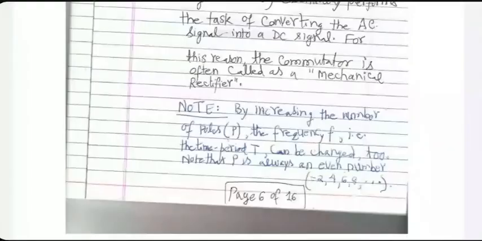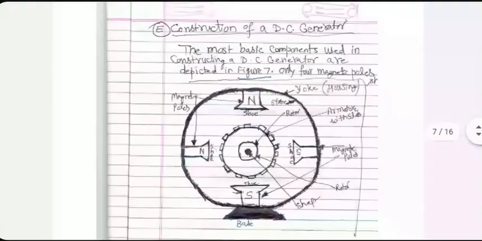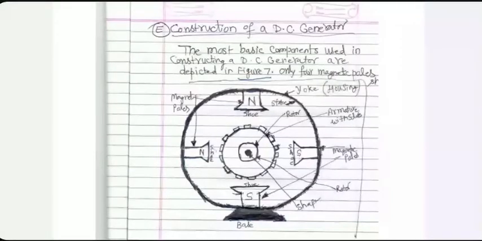Now, coming back to construction, I have drawn my own diagram to illustrate everything, but I am using only a cross section. I am assuming only 4 poles. As I mentioned previously, the bottom of the poles generally is expanded to make it larger in area, and that is called shoe.